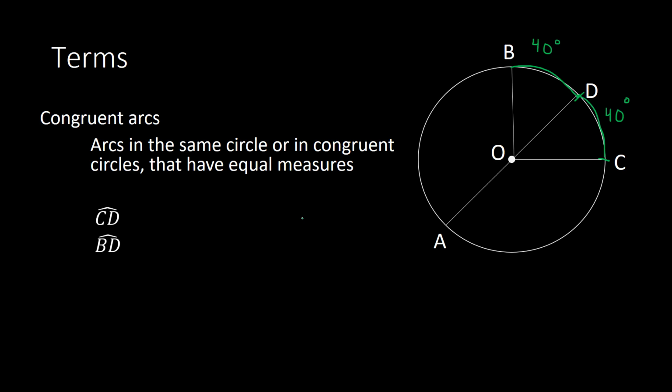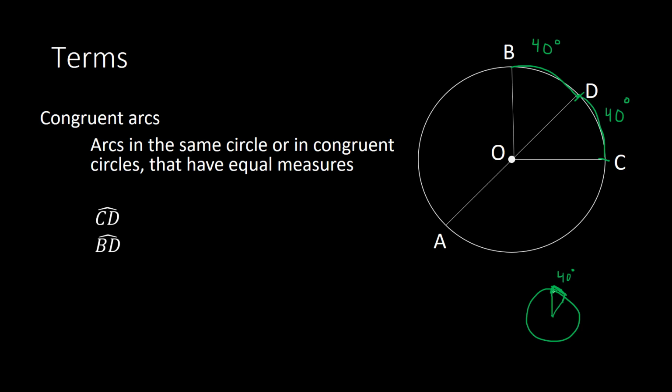And by the way, it is important to realize that it needs to be in the same circle or congruent circles. Because if I had a small circle like this, and I had an arc right here, and this arc was also 40 degrees, notice how much smaller this arc is.